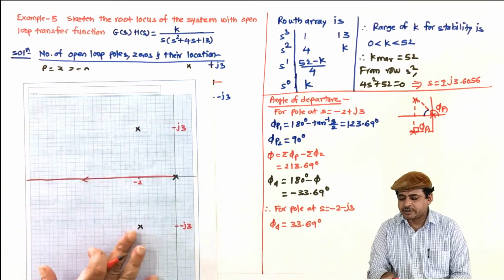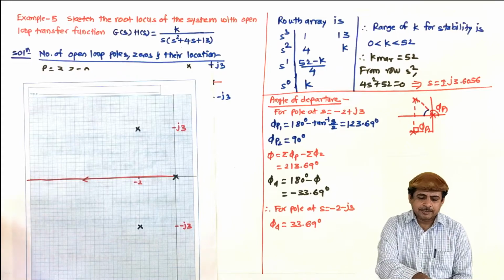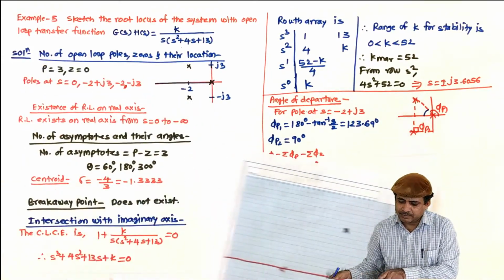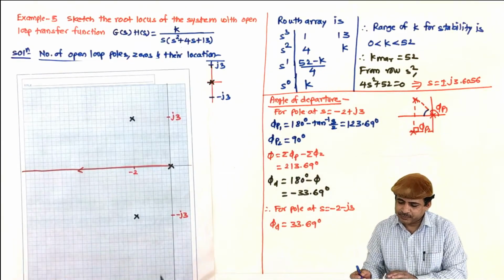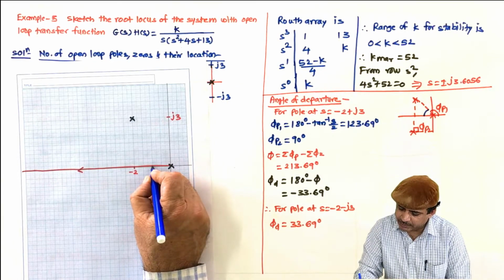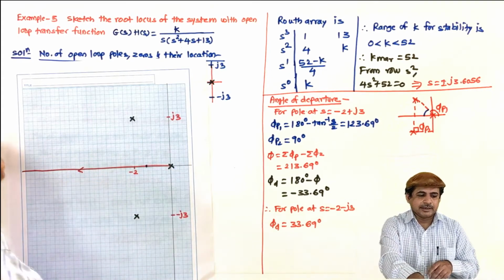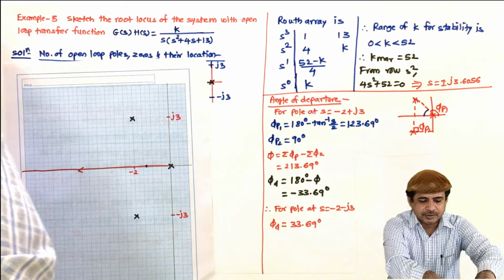Now I have to sketch for this. So here we have the centroid at minus 1.33. So this is minus 1, this is minus 1.33, and the angle is 60 degrees.